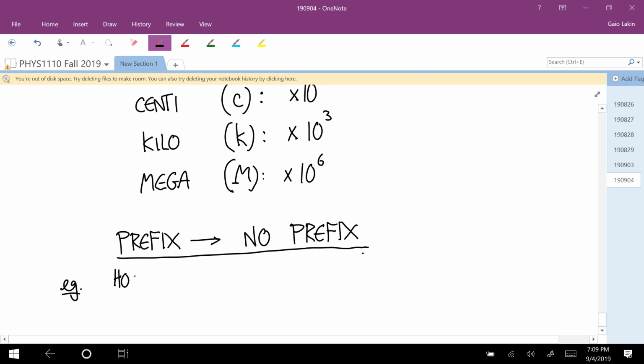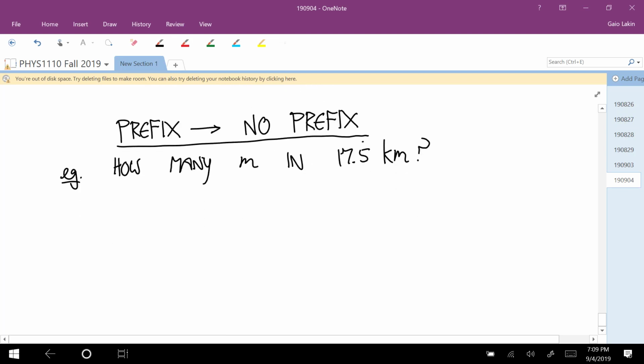So for example, how many meters are there in 17.5 kilometers? So our starting value is 17.5 kilometers. And so we'll start with that.